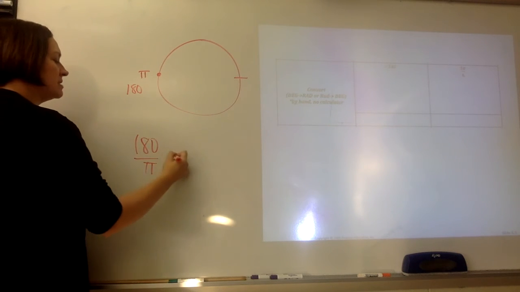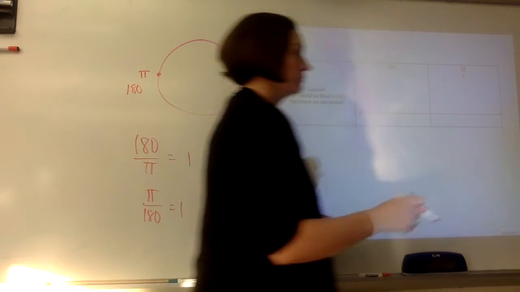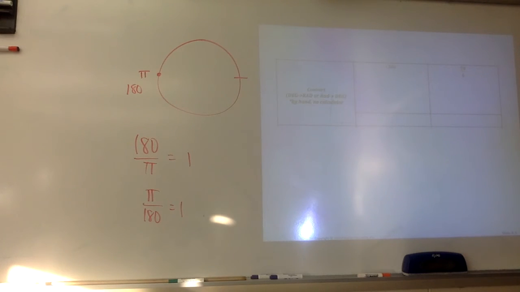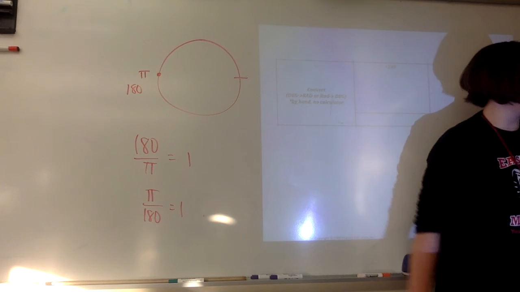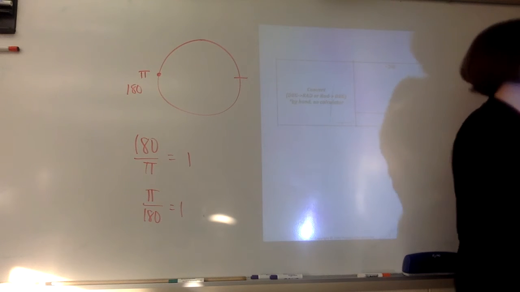So does this make sense to you? 180 over pi is equal to 1, and pi over 180 is equal to 1? Yes or no? Why not? Like two different things. Yeah, pi is equal to like 3 point whatever. So how could 180 over pi equal 1, and pi over 180?